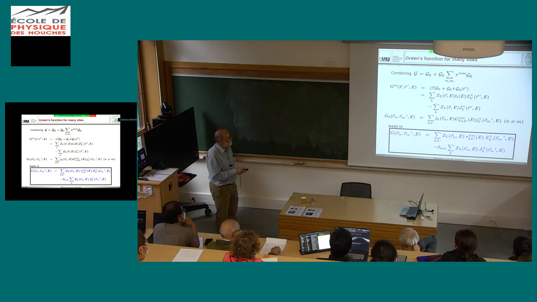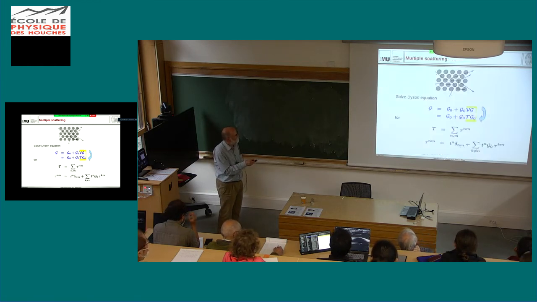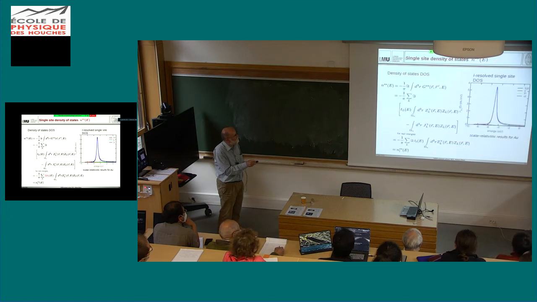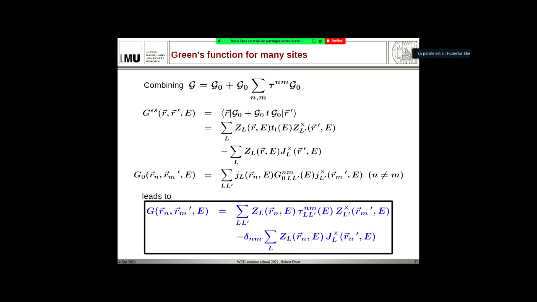What is nice with this representation is that it has absolutely the same structure as you have it here for the single-site situation. The only difference is now that the single-site T matrix is replaced by the scattering path operator.